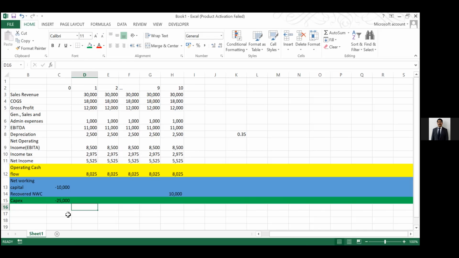Free cash flow is the addition of all. What will be the free cash flow? Add the yellow, blue and green. अरे zero वाला भी भाई.